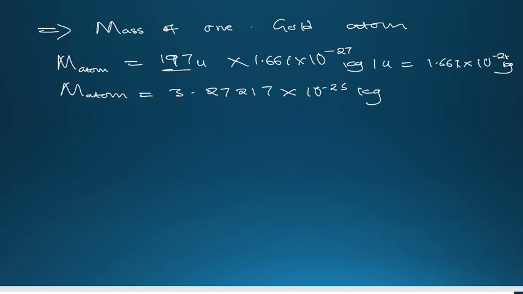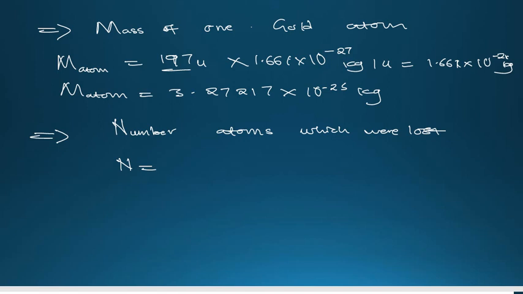This is our step 2. Our step 3 is to find the number of atoms which were lost. You are going to be given by this formula. The number of atoms is going to be the mass lost over the mass of an atom.